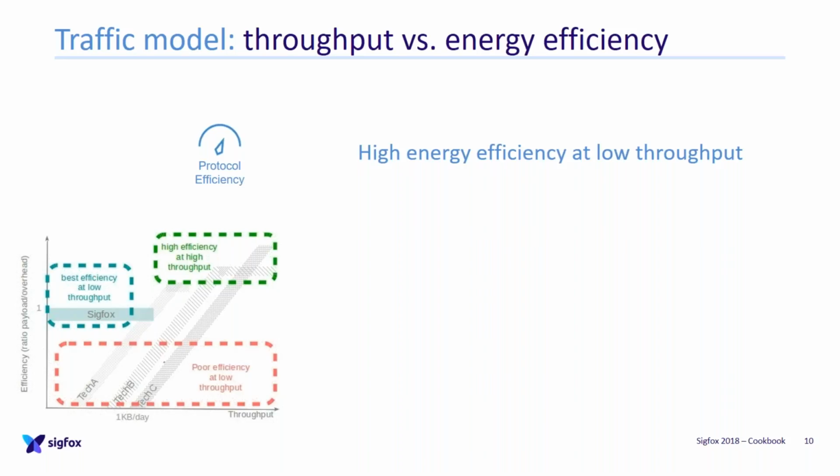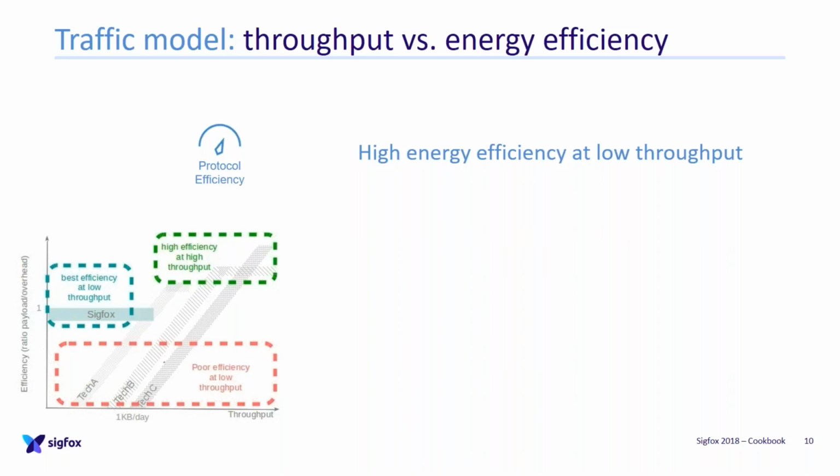And then there is a second phase in which the data throughput is very high and the protocol overhead associated is very low. Of course, this is very energy efficient for high throughput, but for low throughput systems, it doesn't make sense because the penalty in terms of protocol overhead and battery is a killer. So this is why we are classified as a low throughput network.